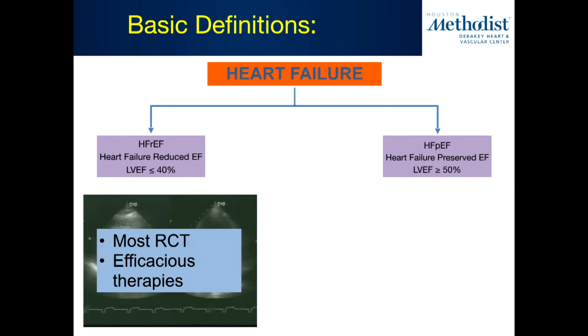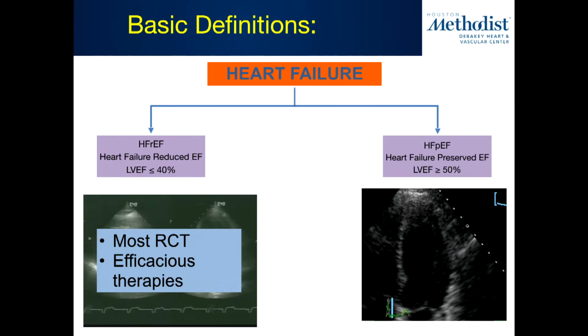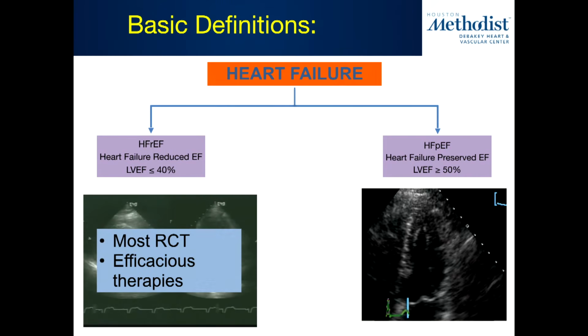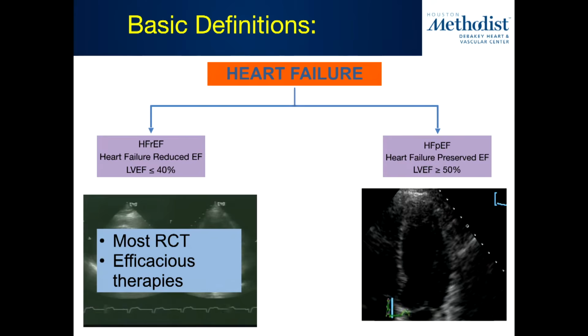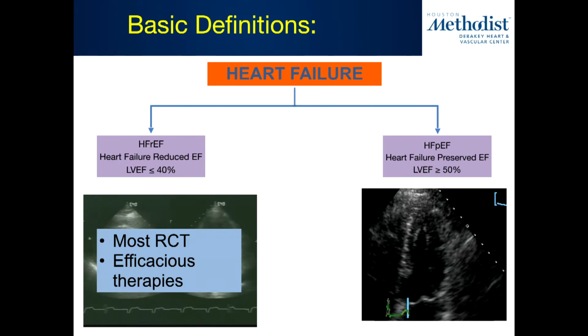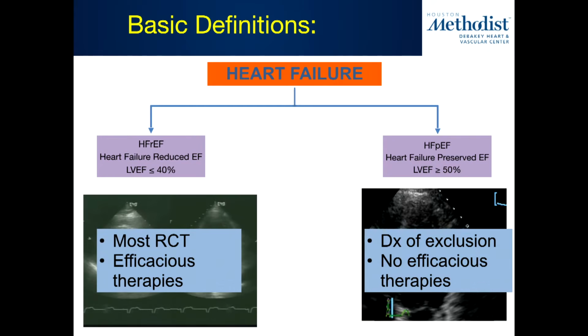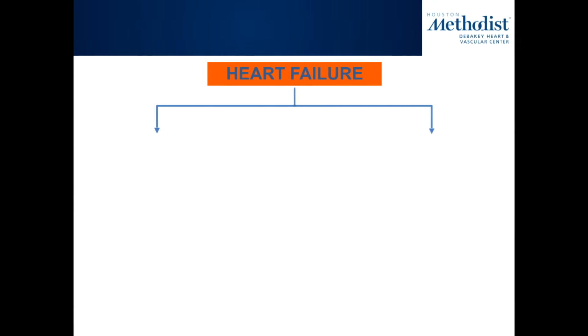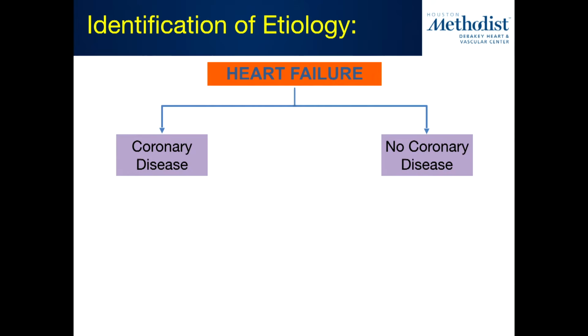And this is where most of the therapies that we've had up till this point have been developed for. Although now, there's more and more therapies for specific subtypes of patients with heart failure with preserved ejection fraction. And what we'll talk about is how we can use imaging to try to help give us clues into some of these other alternative pathophysiologies.